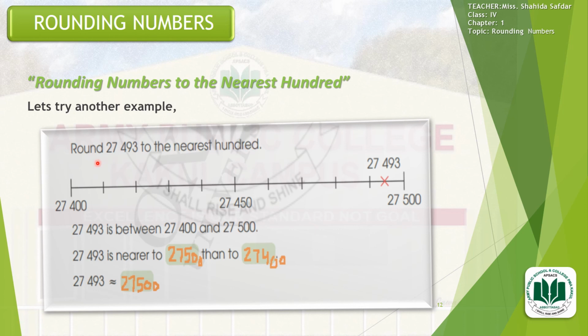So the digits which are left of 4, that is 27, will remain the same.